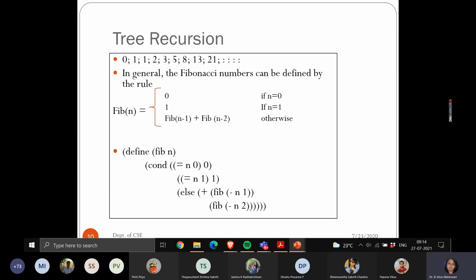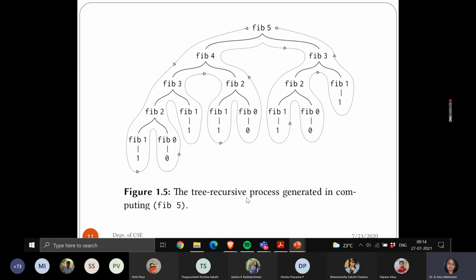Okay, so let us look at this procedure. Defining this procedure, what is the process involved? What is the shape of the process? What happens if we call the procedure with n equal to 5? Fib of 5 will call fib of 4 and 3, and 4 will call 3 and 2, and 3 will call 2 and 1, and 2 will call 1 and 0, where for 1 we have a straight answer, and for 0 we have a straight answer.